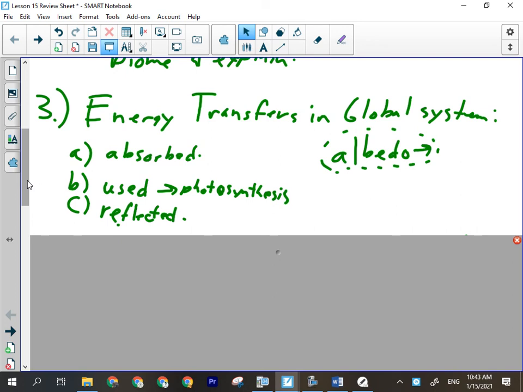Conduction, convection, radiation. Okay, those three are another three things that come up over and over again. You can probably use them in half of the answers, maybe more, for the written response, right?